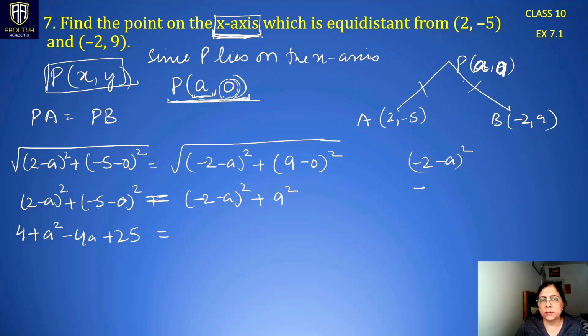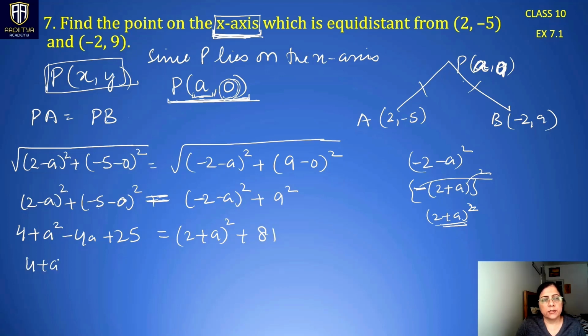What I can do is take the minus sign outside. When I take the square, the square of the minus sign becomes positive, and the square of 2 plus a is written as this. So don't get confused. Generally, children make this mistake in doing this calculation.